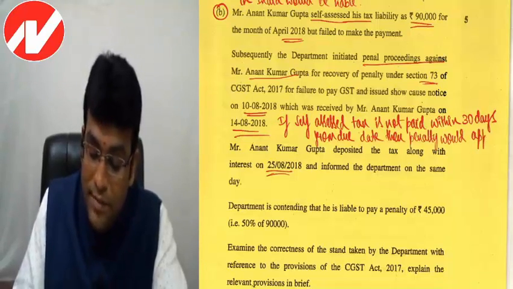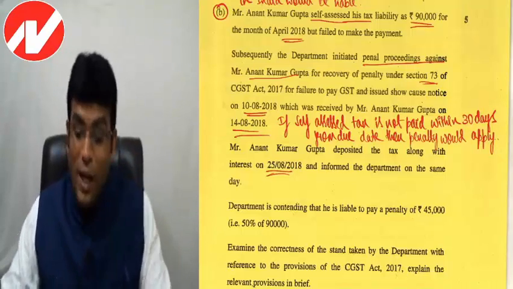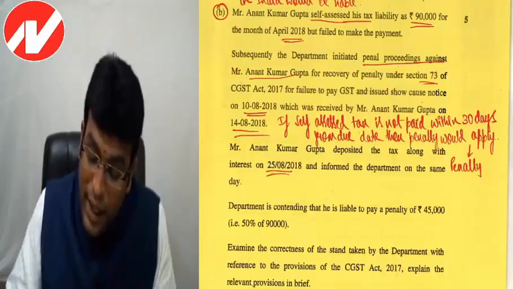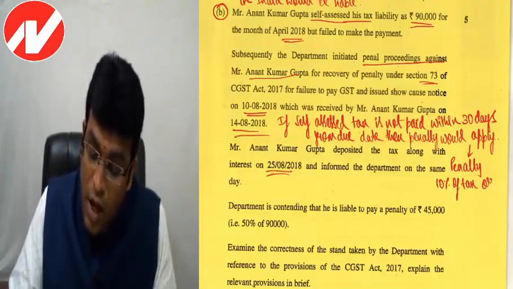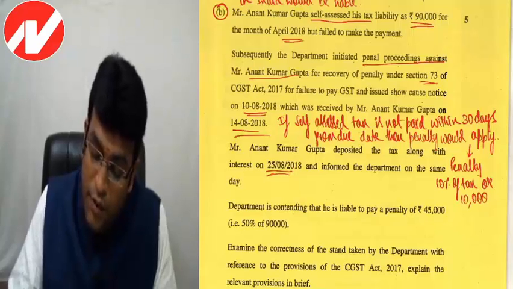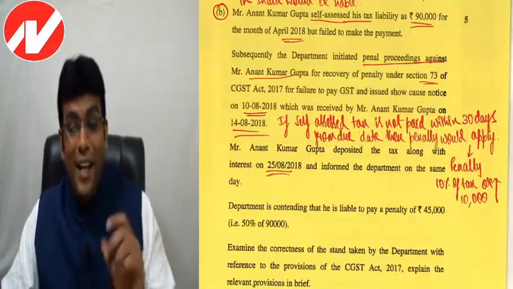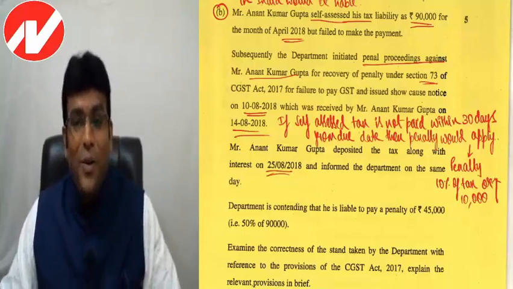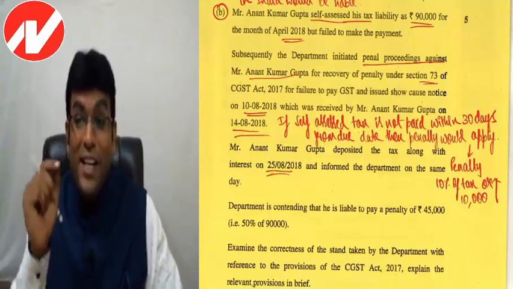Definitely penalty would apply, but one point you have to understand is that penalty is always 10% of tax or 10,000, whichever is higher. In our case, the tax involved is 90,000; 10% is 9,000.